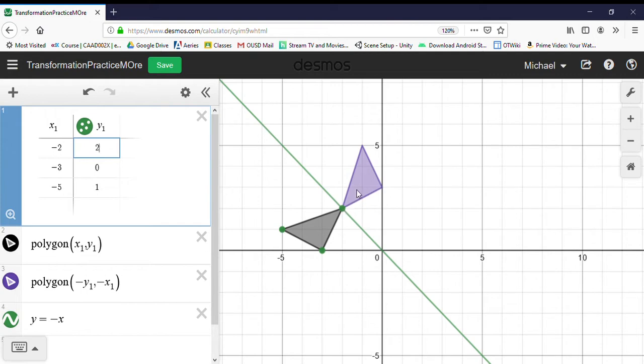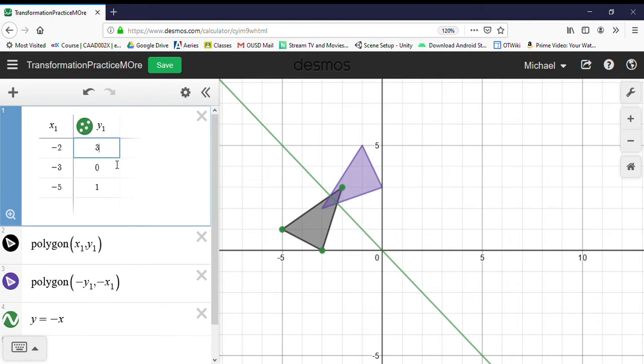And if it was on the other side of the mirror, these things would overlap the mirror. So if this was like at negative 2, 3, notice these two things on this side of the mirror show up over here, and this point on this side of the mirror shows up over here. So your line of reflection, if it crosses through whatever shape you have, you'll end up with something like that.